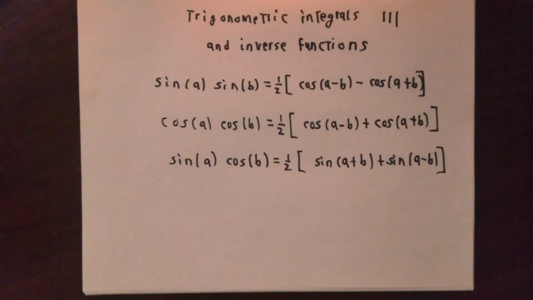It's not necessary to write down a formula for cosine A sine B, because you just write this same formula down, interchanging the roles of A and B. These three facts will let us do certain types of integrals.